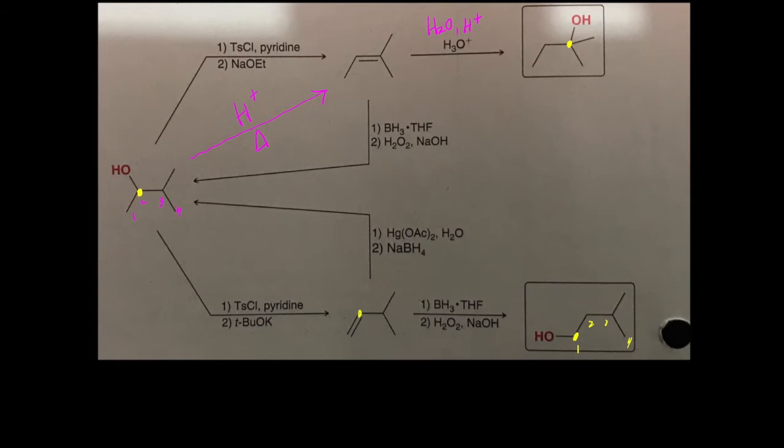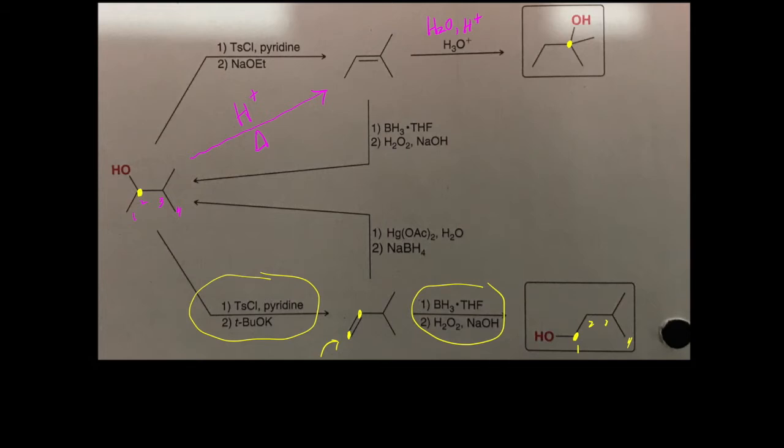We need the carbon-carbon double bond to be between carbons 1 and 2, and somehow we have to get the OH on the less substituted side. So we do that through the anti-Markovnikov addition, but to get to the alkene, we have to use toluene sulfonyl chloride and pyridine, and then treat that with potassium butoxide.